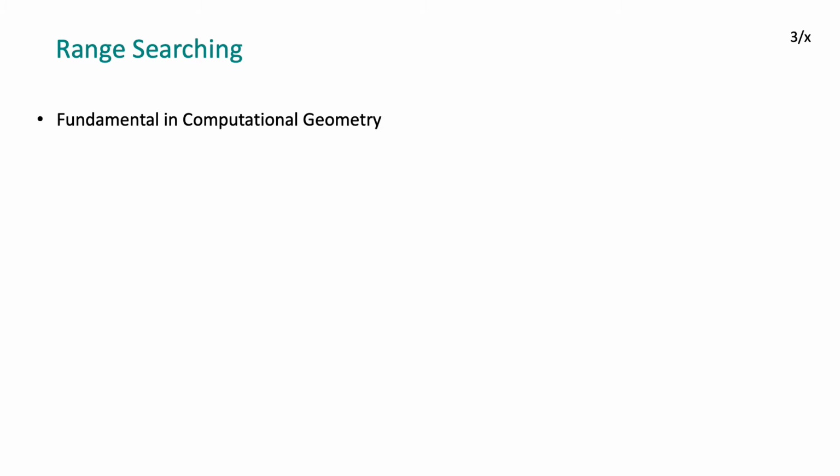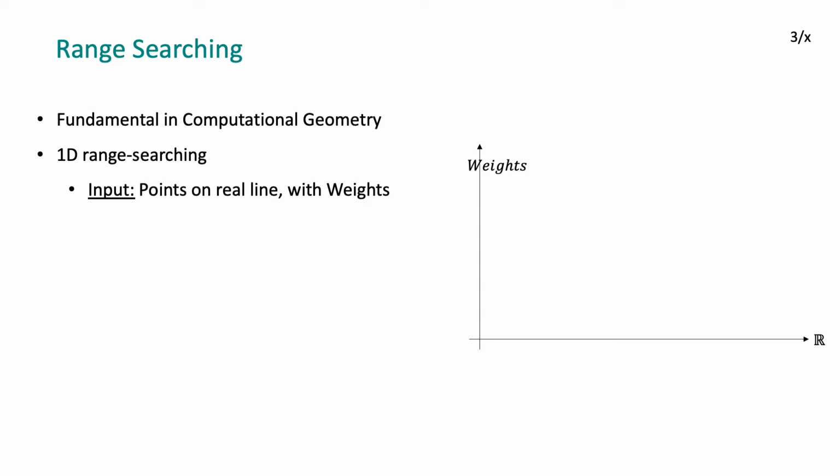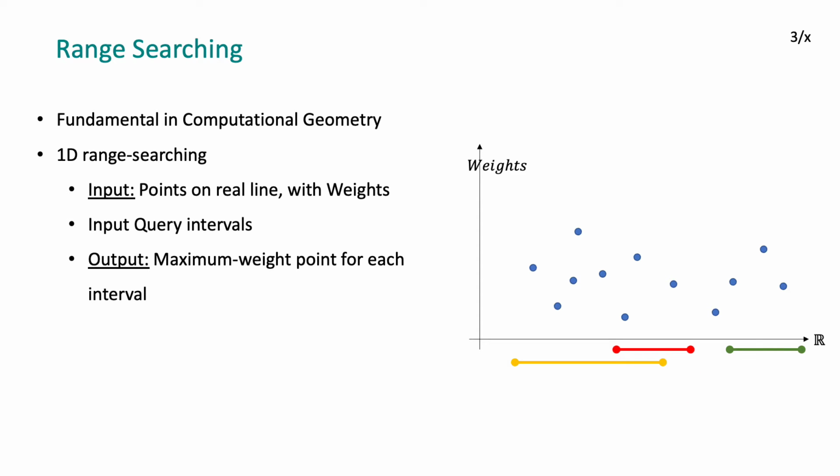One particular problem in this family is the one-dimensional range searching problem. You have points on the real line, which is the search space here. Each point has a weight associated with it. Then you have a bunch of input query intervals, and the objective is to find within each queried interval the point with maximum weight.